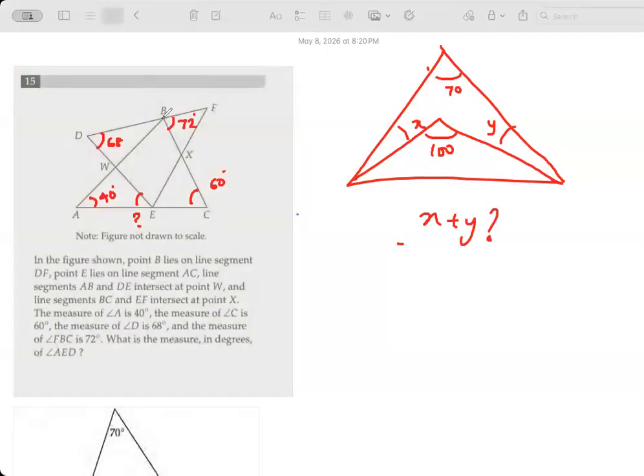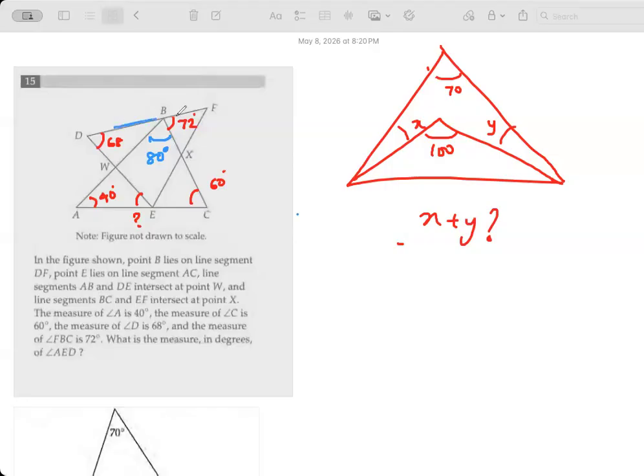When you think about this whole triangle, the measure should be 180 degrees, right? 60, 40 is already given there, so I can find this out as 80 degrees.